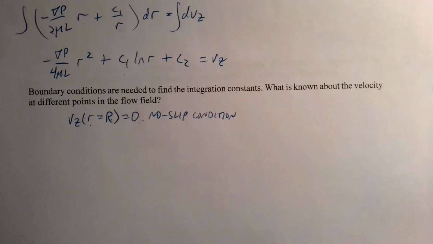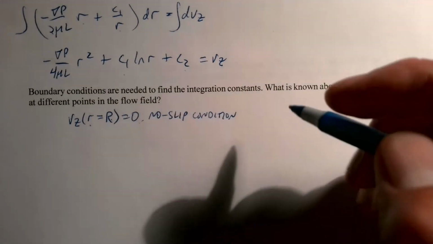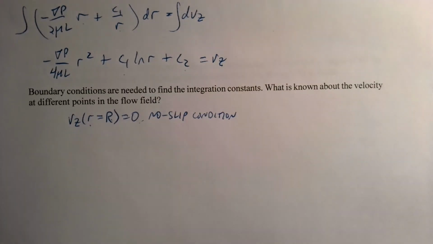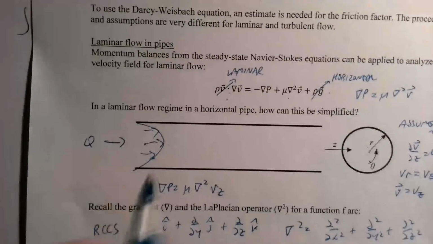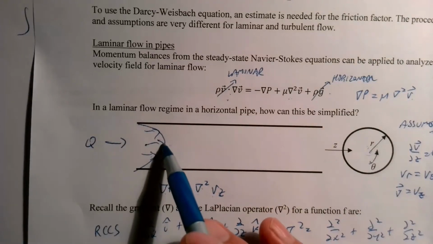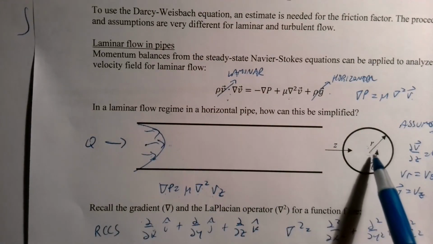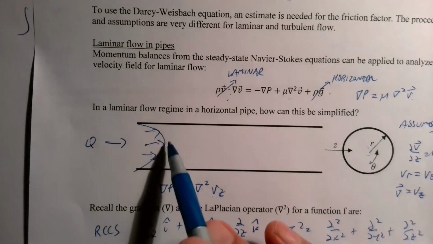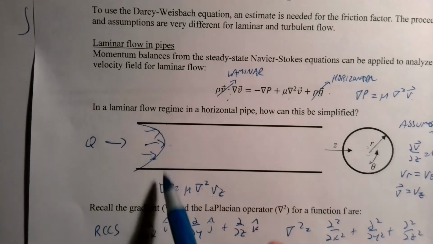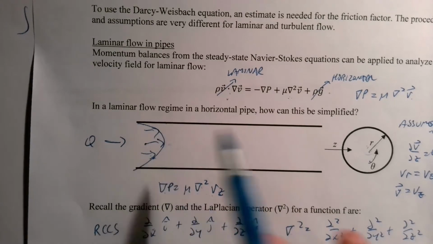And so the other one is going to be basically this idea of symmetry. We expect that at the middle of the pipe it should be symmetric if you go outward from there. If you look at the middle, nothing really should be changing. There's nothing forcing at one side or another, so this whole thing should look symmetric.